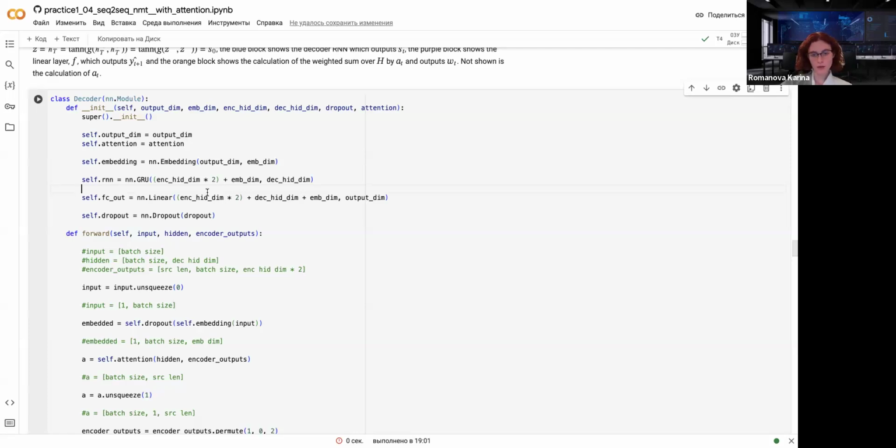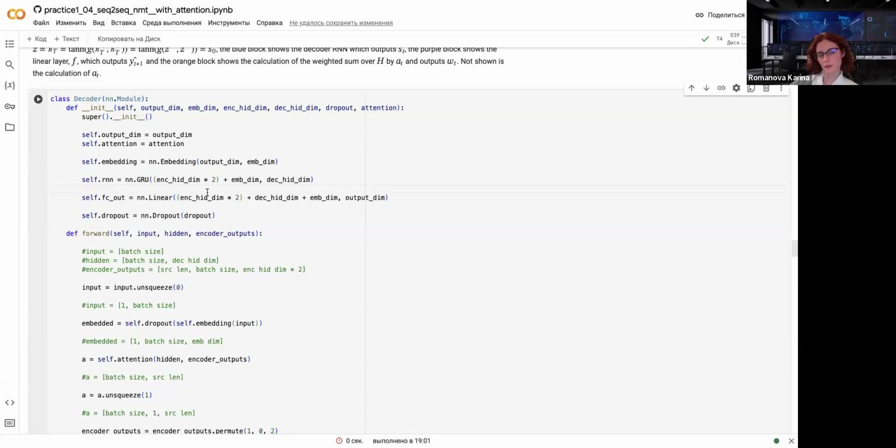And the last, fully connected layer: after passing through the GRU, the decoder uses a fully connected layer to generate the final output, which is a probability distribution over the target vocabulary.